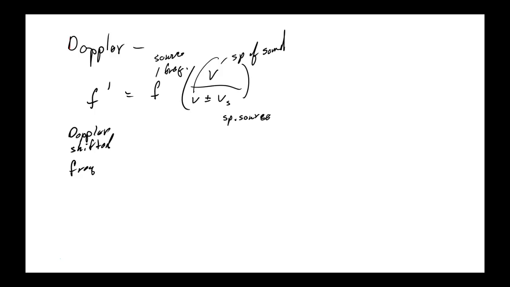Like they say here, the plus in the denominator is used when the source is moving away from the receiver. Minus is when the source is moving toward. Make sense? So the frequency is going up when it's moving toward you, going down when it's moving away.